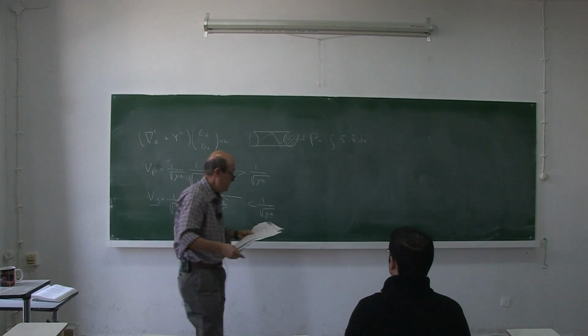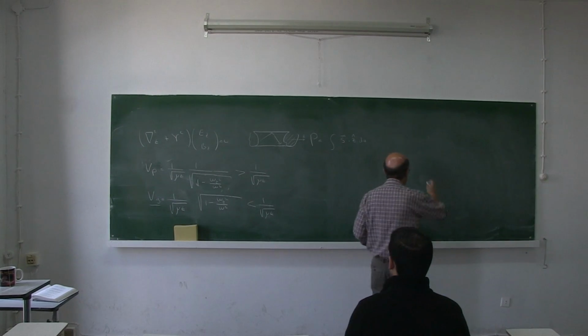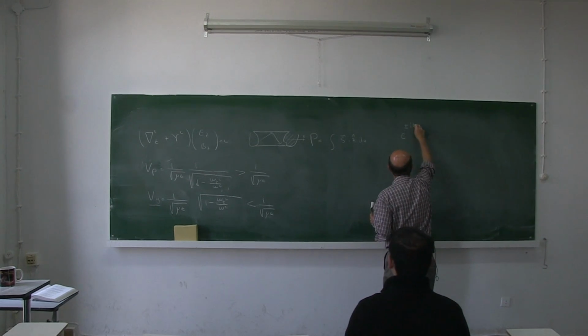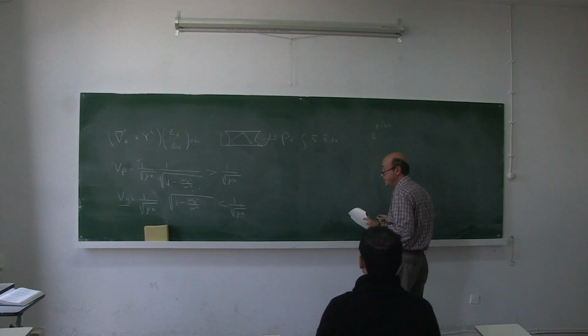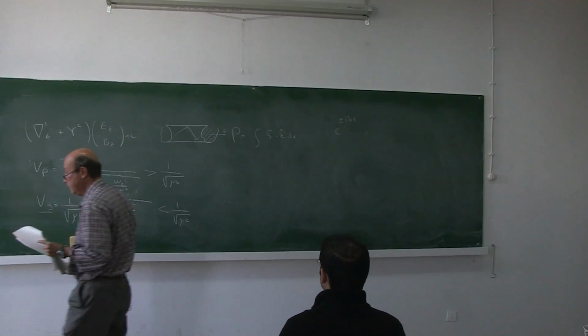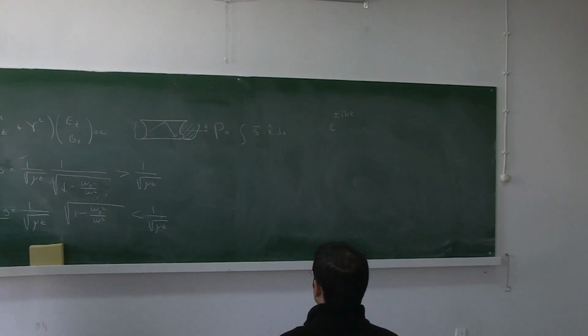We know that the z component of the waves are traveling waves, e to the plus or minus ikz. For the positive z-axis it is plus, and for negative it is minus. k is the wave number.